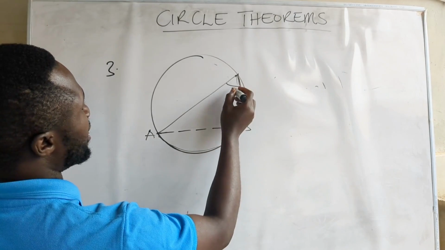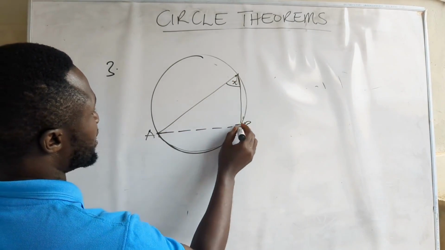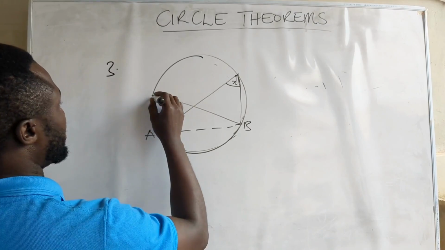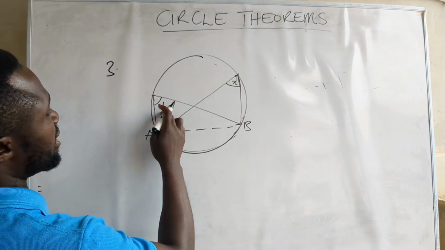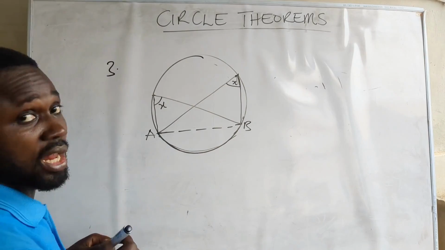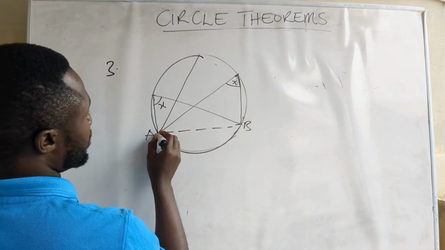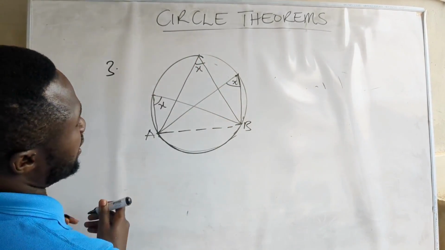So if my angle here is angle X, then from the same arc or the same chord, because I have another angle subtended at the circumference, here also will be the same angle X.